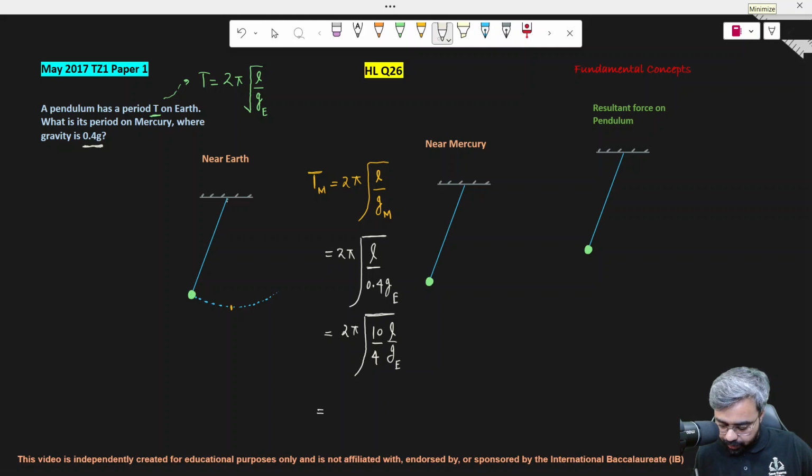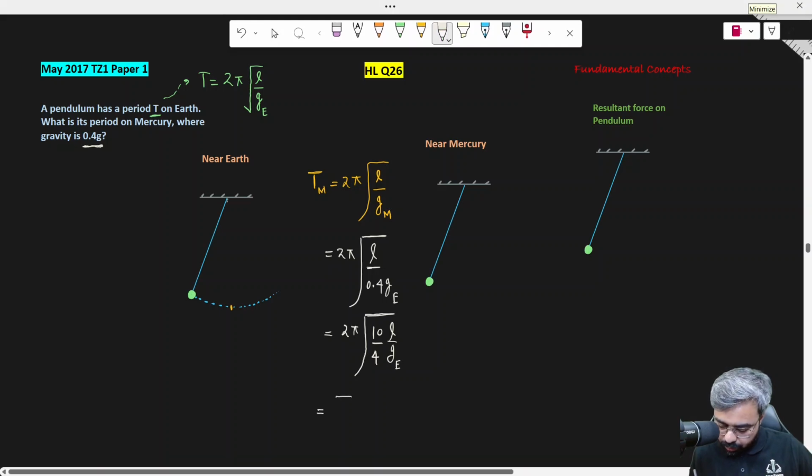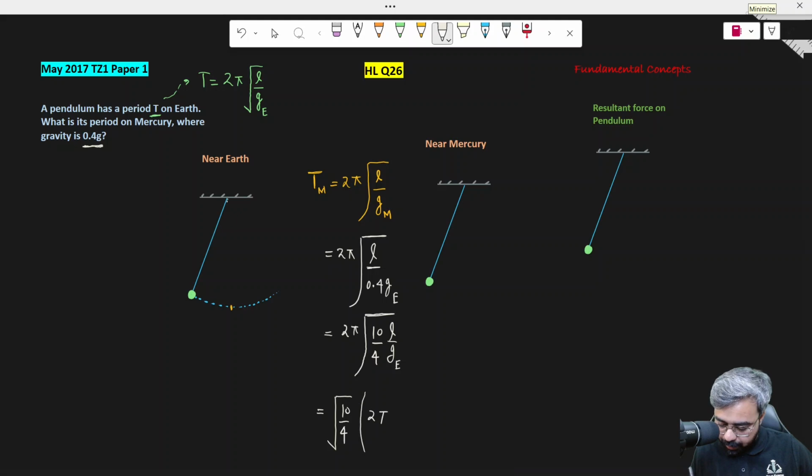Then we can take the square root of 10 over 4 outside, and inside what we have remaining is the time period of the pendulum on the Earth, which is described in this question by the letter T.